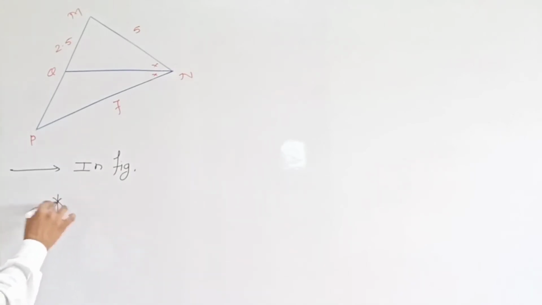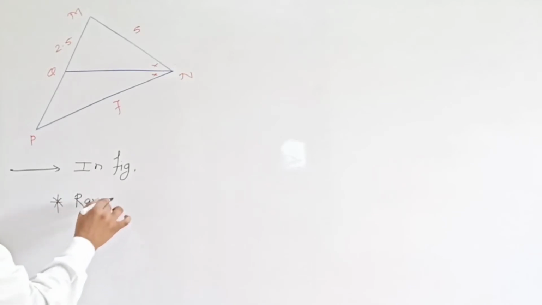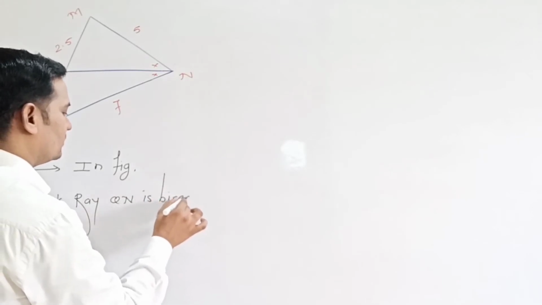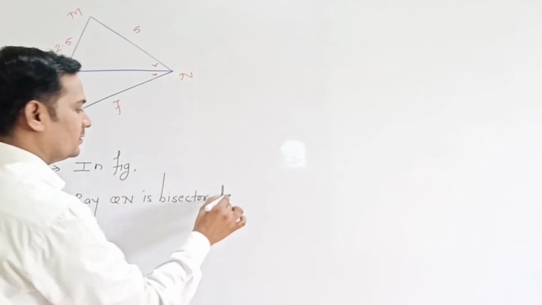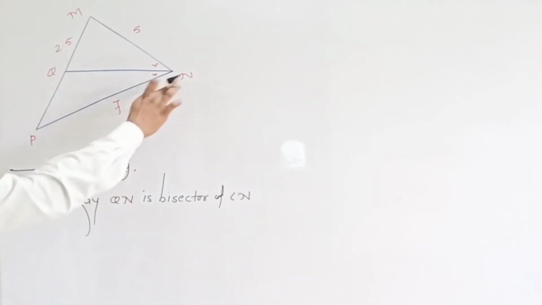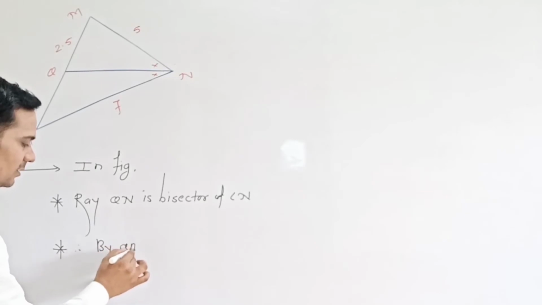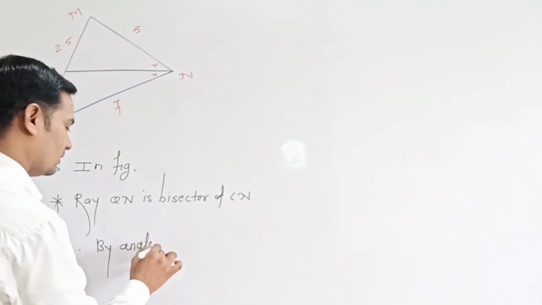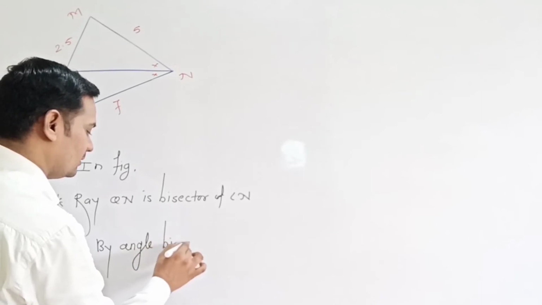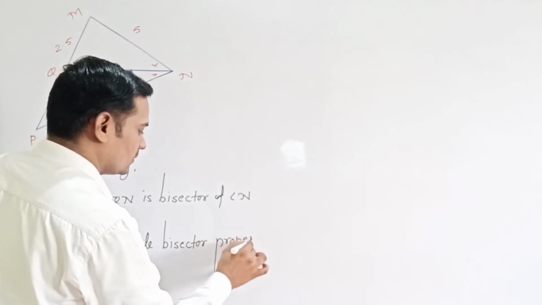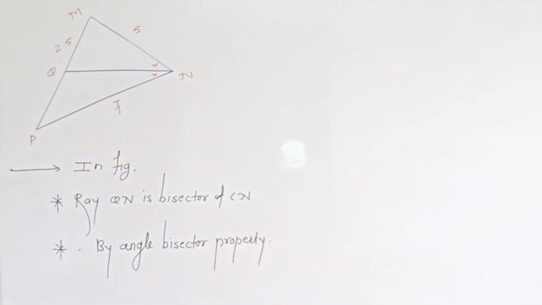That ray QN is the bisector of angle N. So we can write here, therefore by angle bisector theorem, or property, whatever. Angle bisector property.